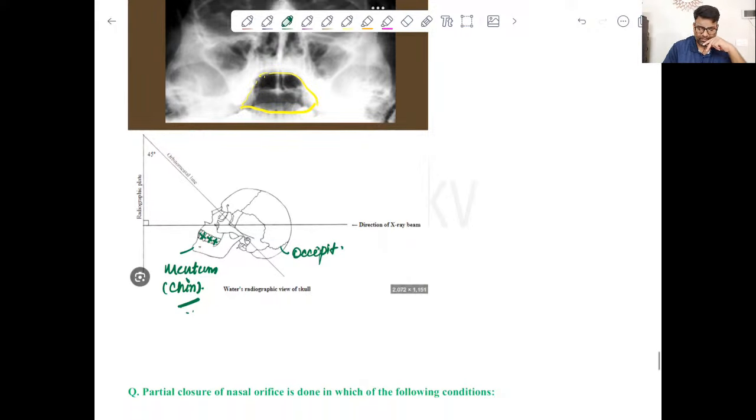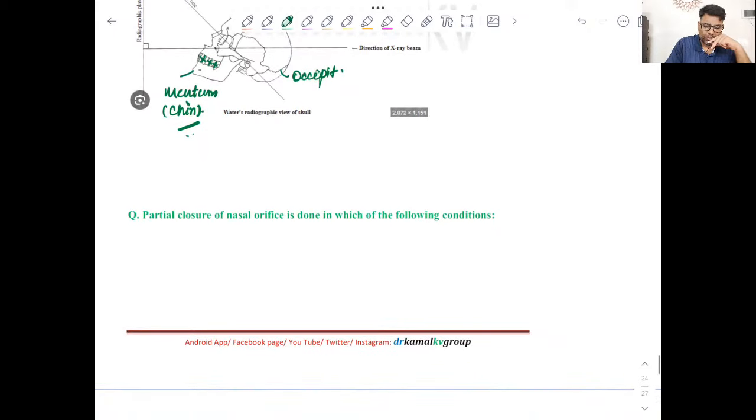Now the next question was about partial closure of the nasal orifice, done while treating which condition. The nasal openings are either totally closed or partially closed.